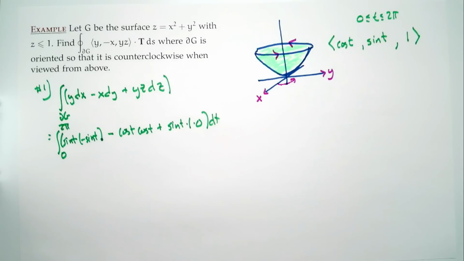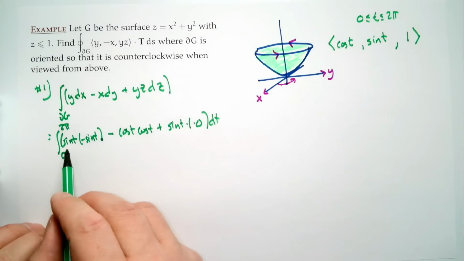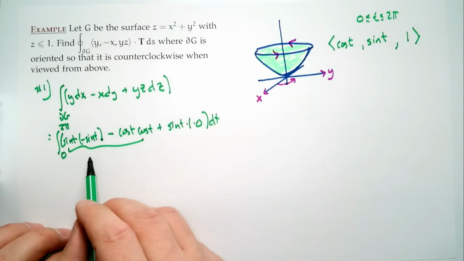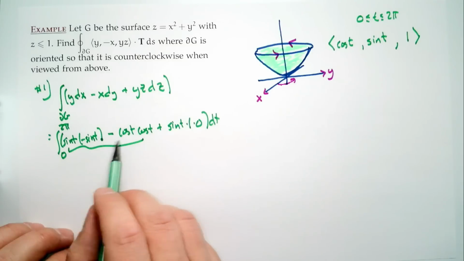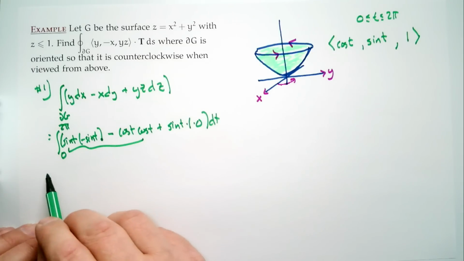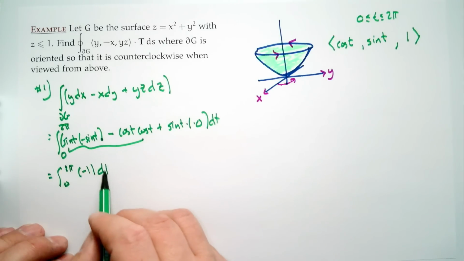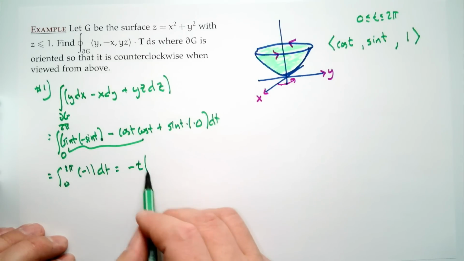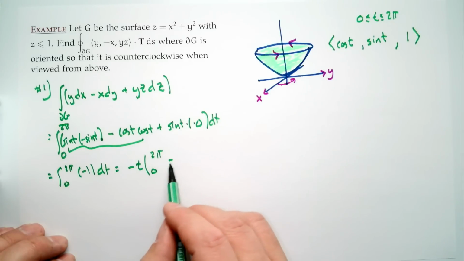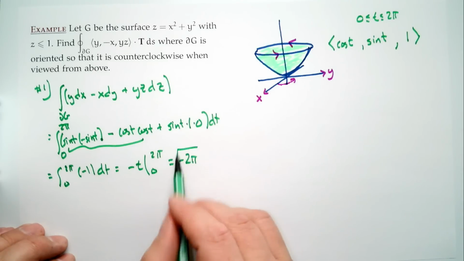Now, this looks like it might not be a fun integral, but I don't think it's going to be so bad. What do you see? Yeah, negative sine squared minus cosine squared, negative 1. So this is equal to the integral from 0 to 2 pi of minus 1. Well, that's an easy integral. That's minus t from 0 to 2 pi, which is minus 2 pi.